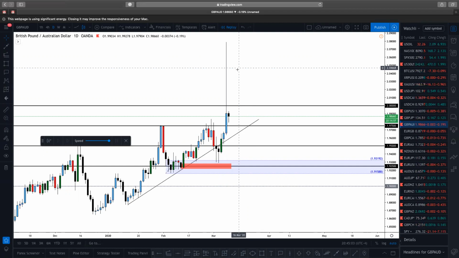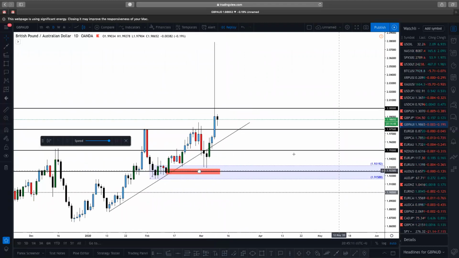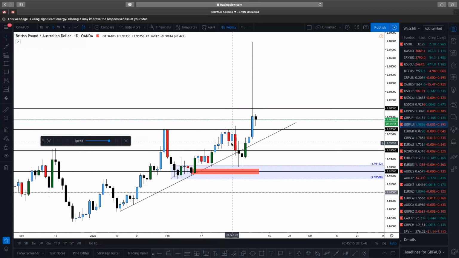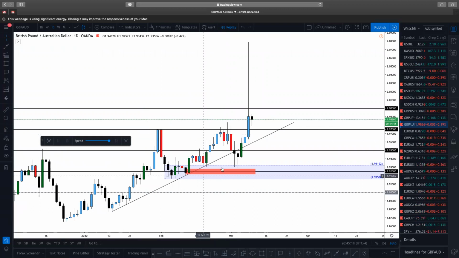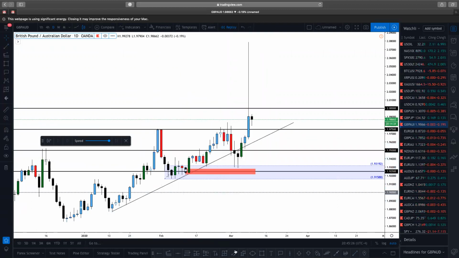But yeah, so here we had the market going up. We had a rally, base, drop, base, rally, right? Now the reason why this trade was valid was because this was the rally, right?